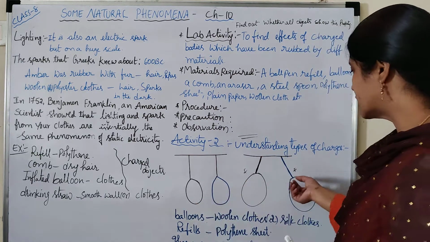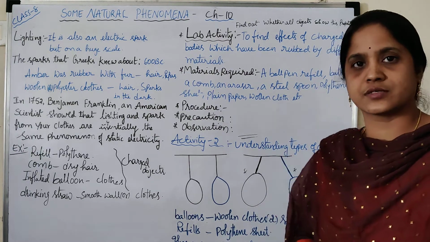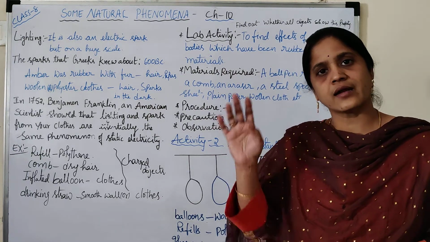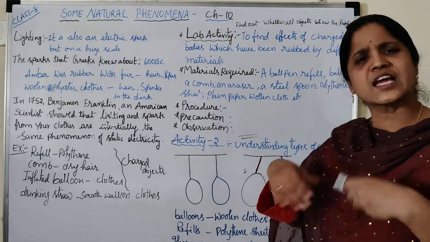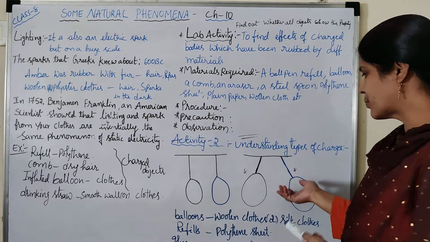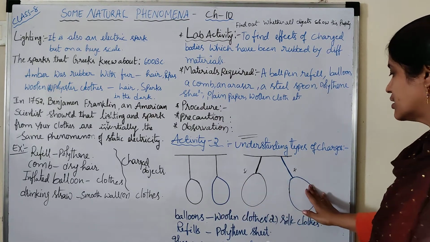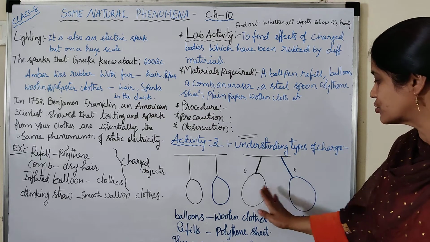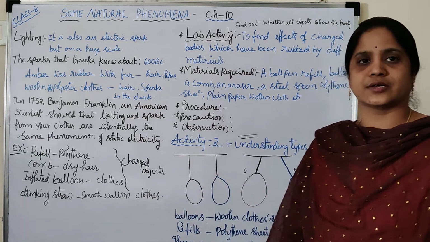Like that, in this topic also, there are two types of electric charges, positive charges and negative charges. After rubbing, these two balloons acquire the same type of charge, whether positive or negative. Both having the same charge means repulsion takes place. Due to that, these two are moving away from each other.